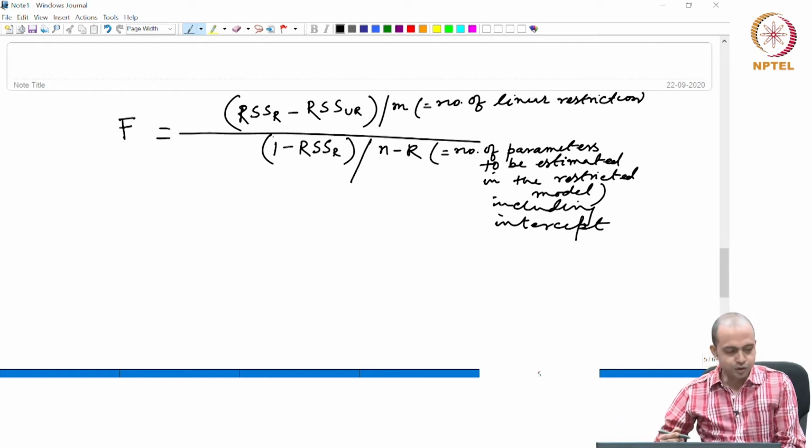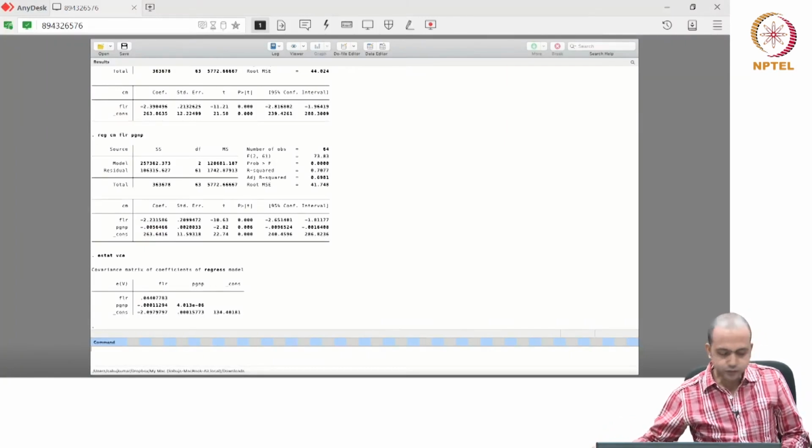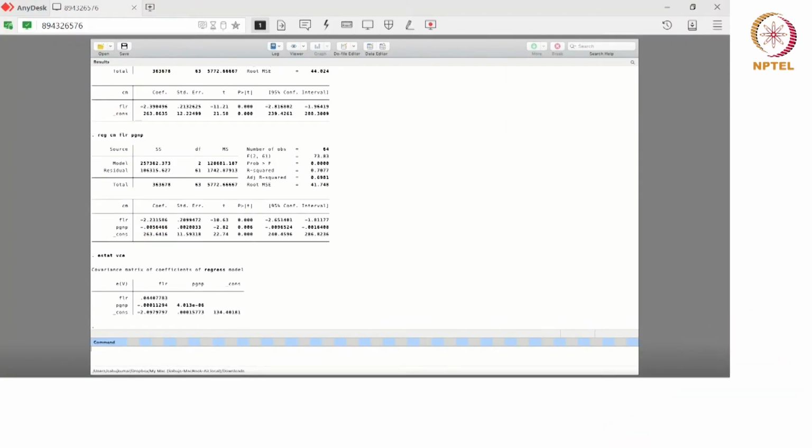Now I will go back to the data set again. I will now show you how to estimate this model.